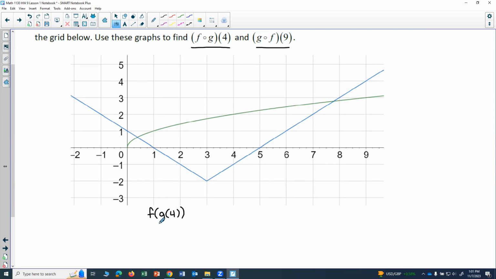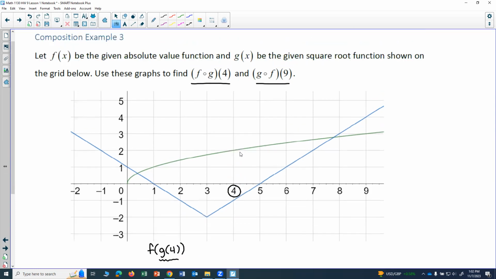Okay, so what we want to do first is figure out what g of 4 is. So x is 4, and my g function is the square root function. So the green one is my g of x. And the absolute value function is my f of x. So I'll go ahead and label those.